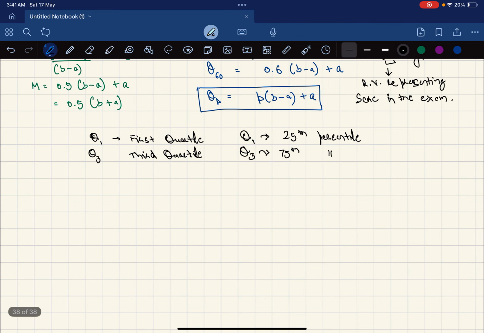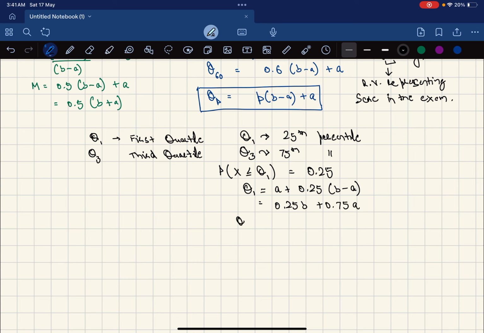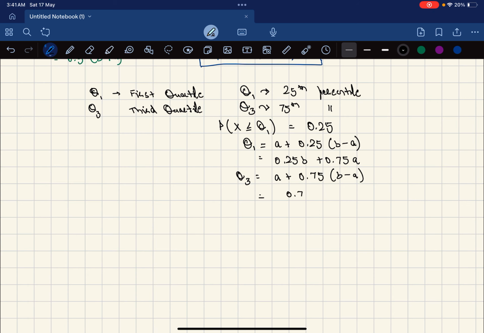So now that we already know how to calculate the percentile values, we can easily calculate Q1: P(X less than or equal to Q1) is 0.25. Therefore, Q1 is equal to A plus 0.25(B minus A), which is 0.25B plus 0.75A. Similarly, Q3 is A plus 0.75(B minus A), which is nothing but 0.75B plus 0.25A. So this is how we can calculate the first and the third quartile for any distribution.